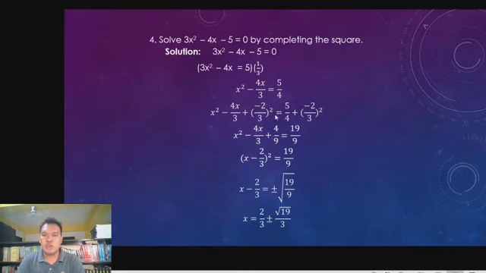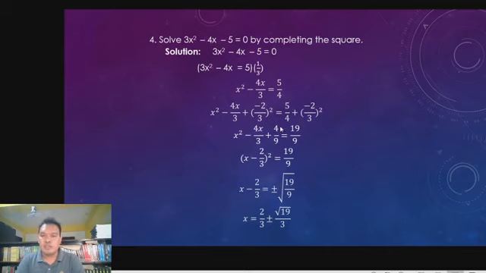Negative 2 over 3 squared is equal to 5 over 3 po ito. Kasi pag binultiply ito dito, magiging 5 over 3 yan. Plus, negative 2 over 3 squared ulit. So, lalabas ito ay we have x squared minus 4x over 3 plus, let's double check, negative 2 over 3 quantity squared, we have 4 over 9.